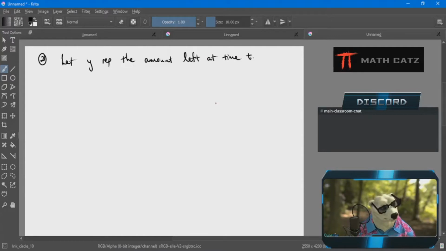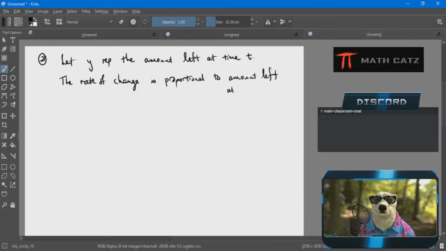So it's a situation where I have some substance, some material, something that decays over time, that becomes less, and I'm trying to keep track of how much I have left at that time. But still I have the rate of change, which will now be a decrease, of course, is still proportional to the amount left over at that time.